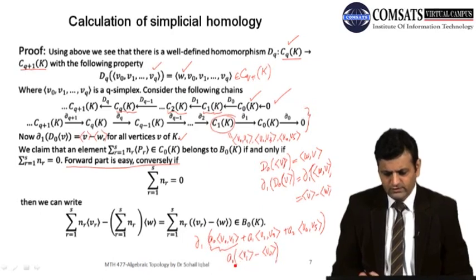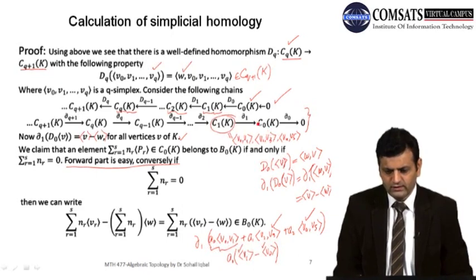Okay, so what is the sum of the coefficients? The coefficient of v1 is a naught, and the coefficient of v naught is minus a naught. So the sum of the coefficients is 0. Similarly, in this case the sum of the coefficients is 0, and in this case also 0. So in general we can say that in b naught the sum of the coefficients is always 0.